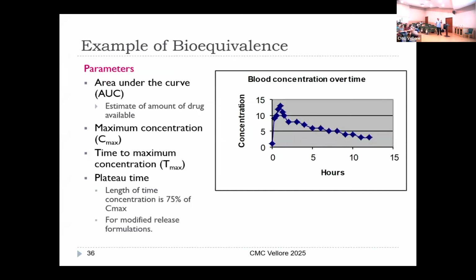So what they're looking at is things like this. They will inject the medication in people with the condition, and they want to see the pharmacokinetics of the medication. The blood concentration goes up, and then eventually starts going down. Well, they'll look at properties of that medication. How fast does it go up?